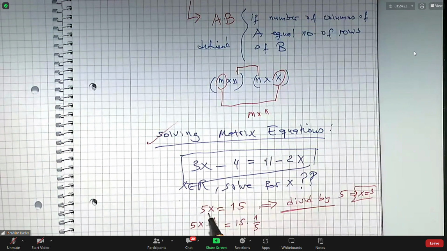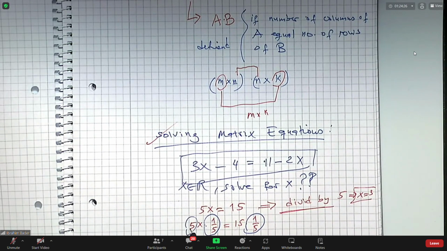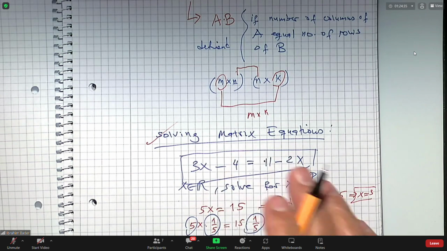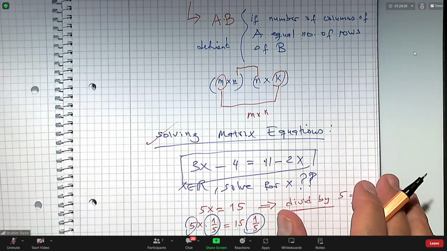Why 1 over 5? Because 1 over 5, if you like, is the inverse of 5 under multiplication. And this is the trick we are going to use to solve the equations involving matrices, even though we don't have a defined division.